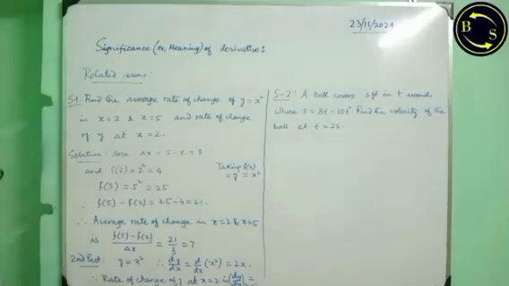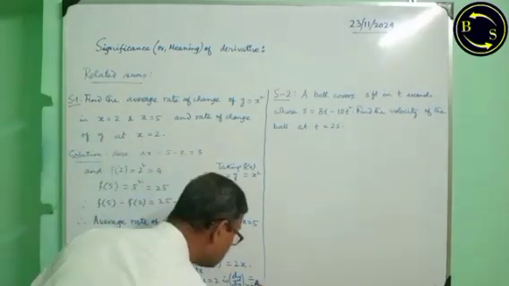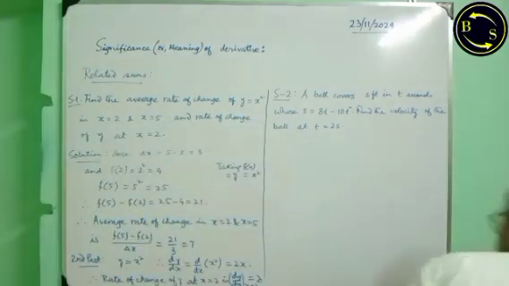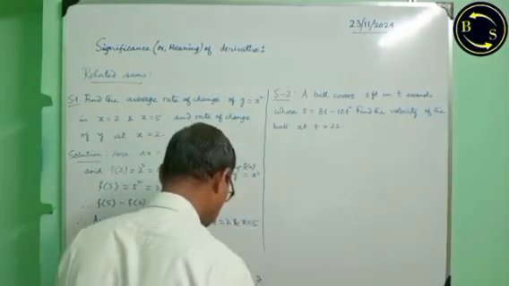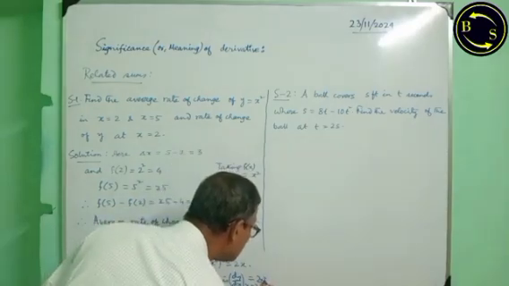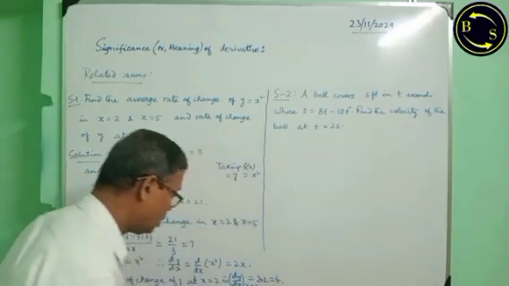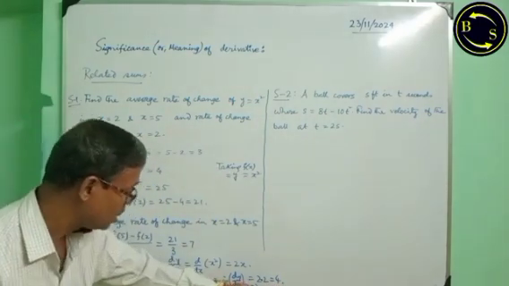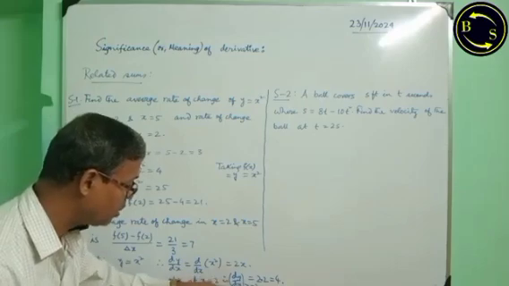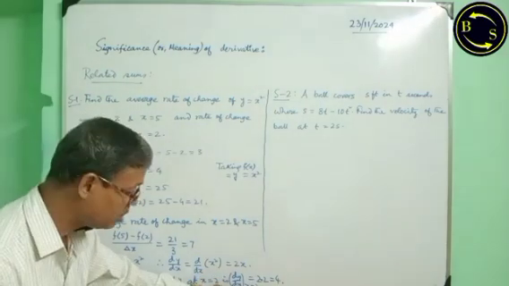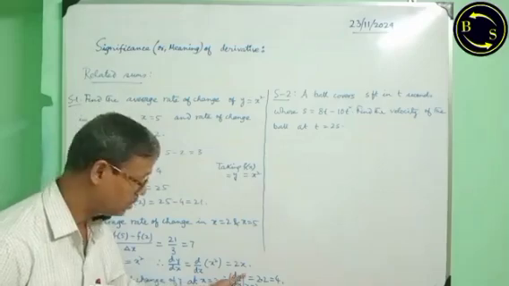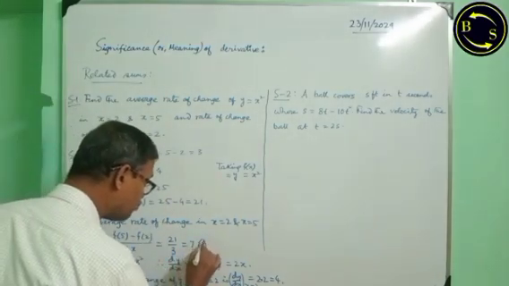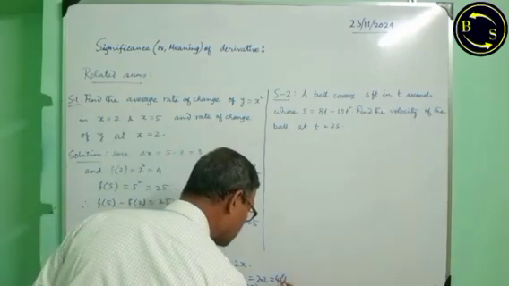Now we put the value of x in this expression, that is 2 into 2, equal to 4. It is read like this, dy/dx at x equal to 2 is equal to 4. That is the answer. Therefore, for the first part, this is the answer, and for the second part, this is the answer.